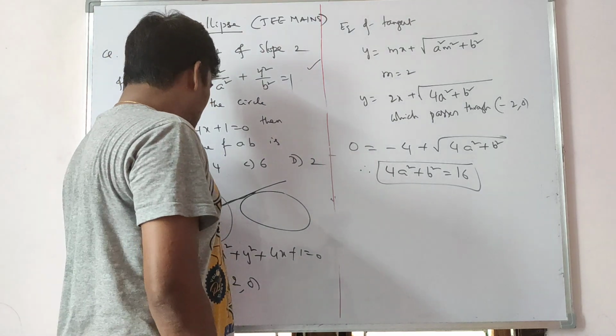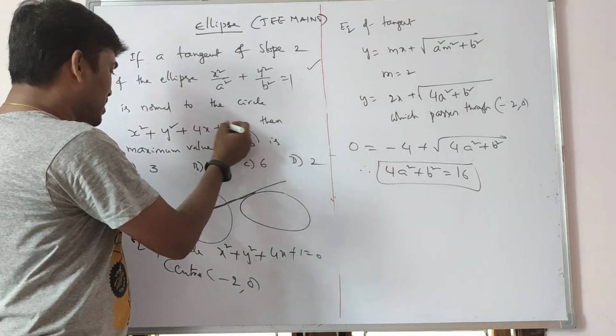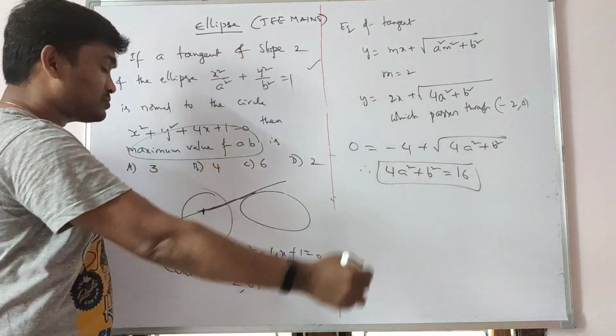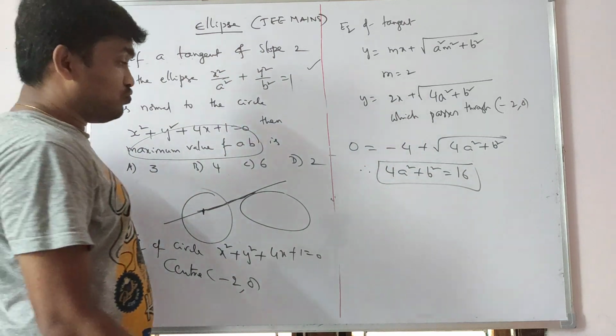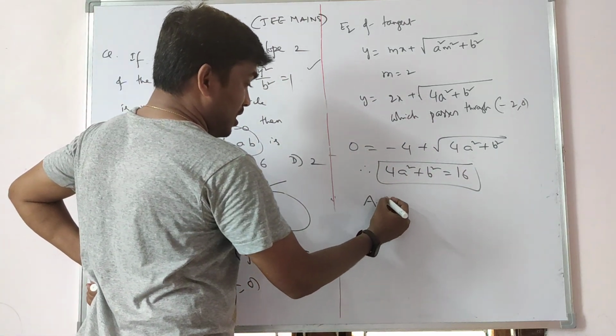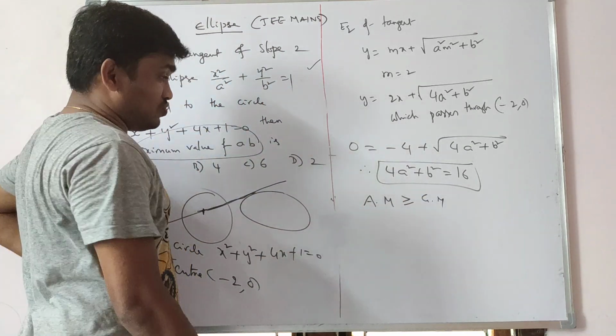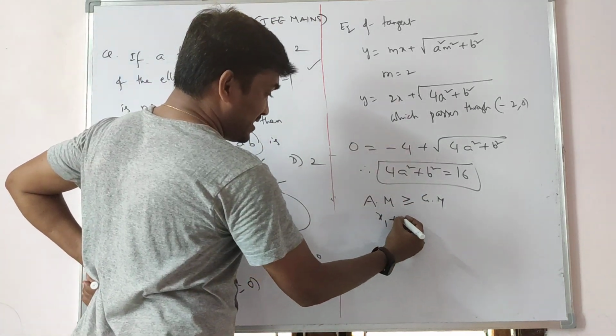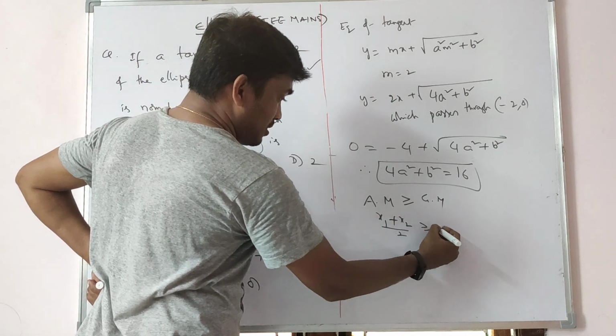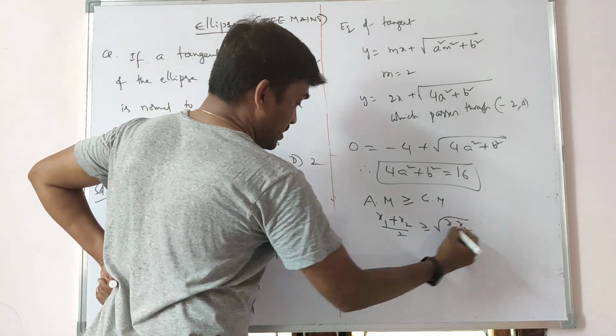Now come to the point. Maximum value of ab is the question. What to do here? We know one result: arithmetic mean is greater than or equal to geometric mean. That is (x1 plus x2) by 2 greater than or equal to root over x1 x2.